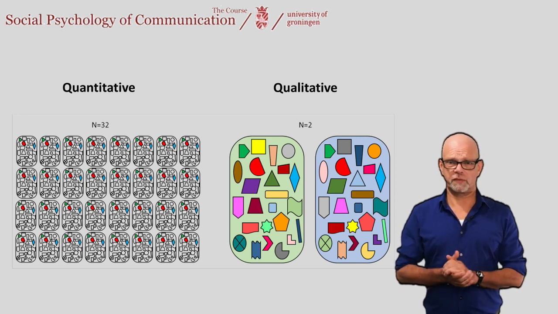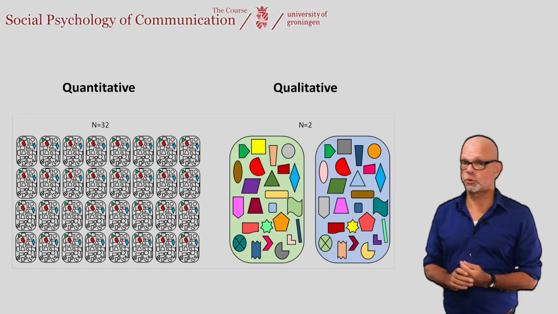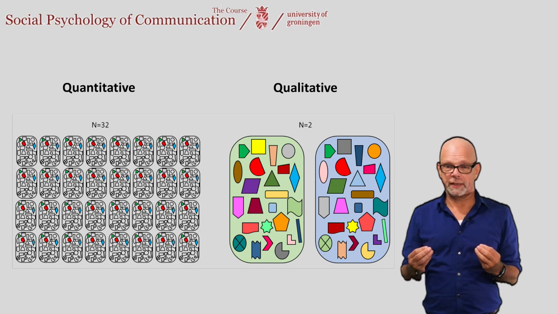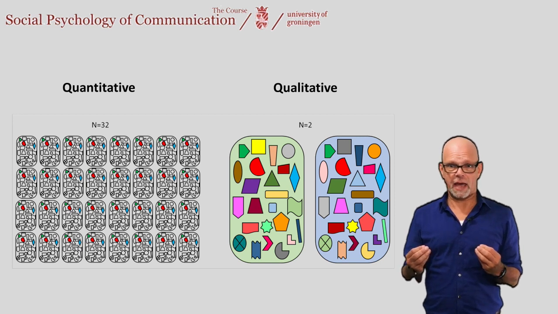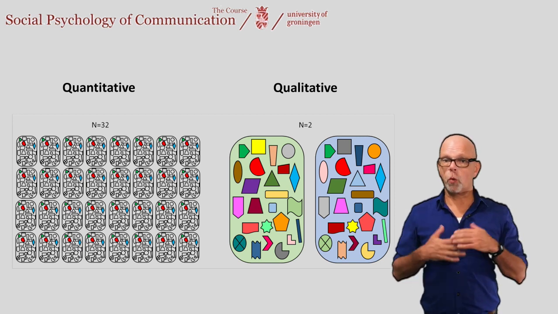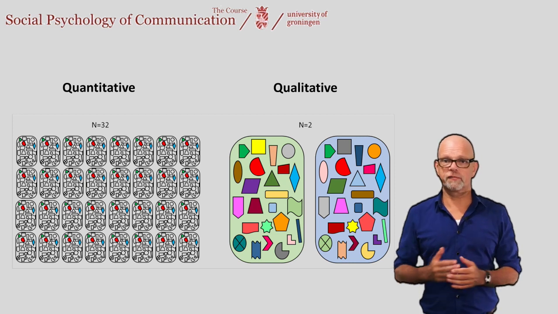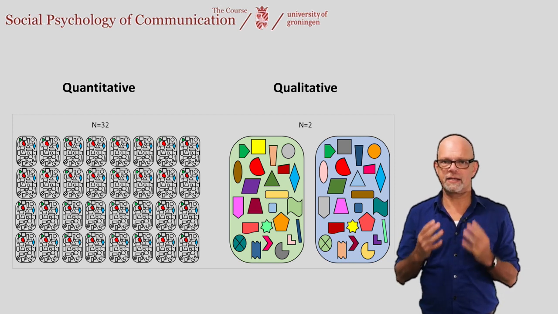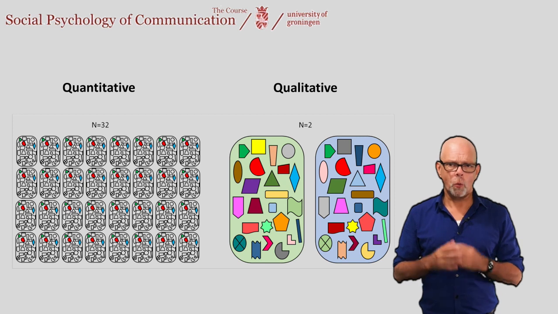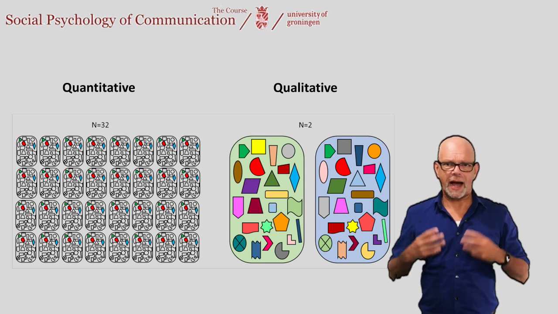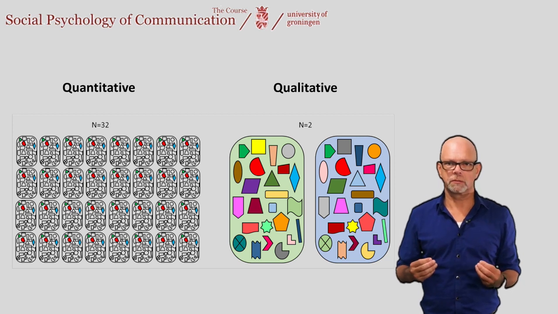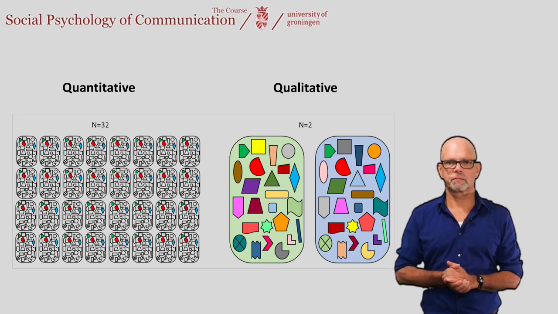While in quantitative research we might study the relation between a specific attitude and actually voting behavior in a sample of 150 employees, in qualitative research we might develop semi-structured interviews with 10 employees and ask why they have this attitude, what their experiences are, how it feels to vote, and what they thought during voting, and many other aspects.